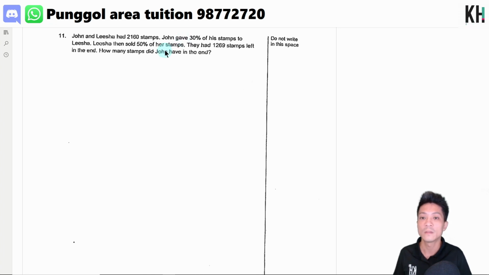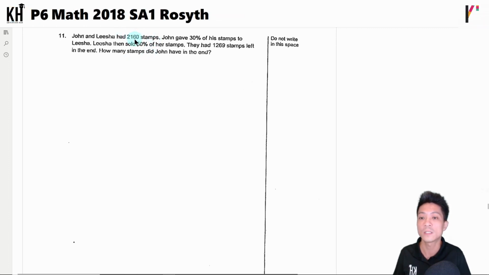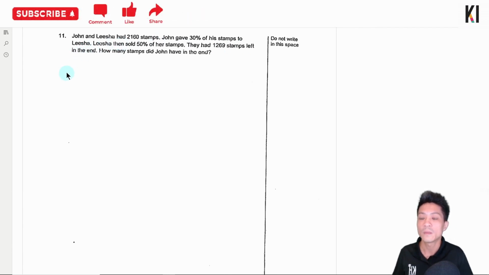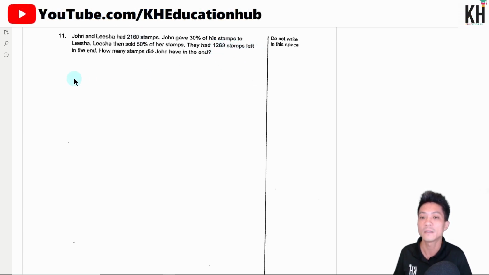In this question, we need to realize that in the first part, John gave 30% of his stamps to Lisha, so the total still remains at 2,160. But after Lisha sold 50% of her stamps, they had 1,269 stamps left. Sorry, the 50% sold is equal to 2,160 minus the 1,269 stamps left.